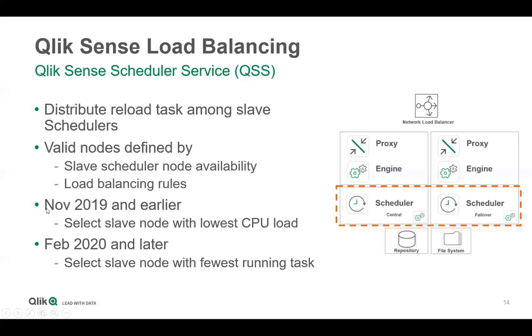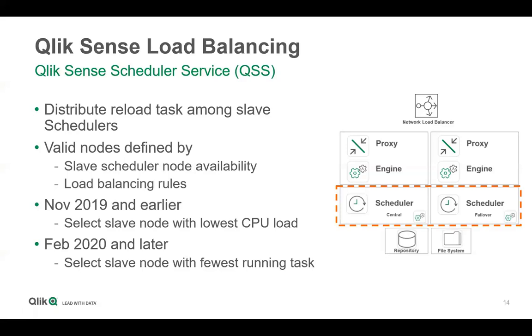For Qlik Sense November 2019 and earlier versions, the algorithm is to select a sleep node with the lowest CPU load. But this algorithm has been changed from February 2020 and later versions, and this has improved the performance a lot.